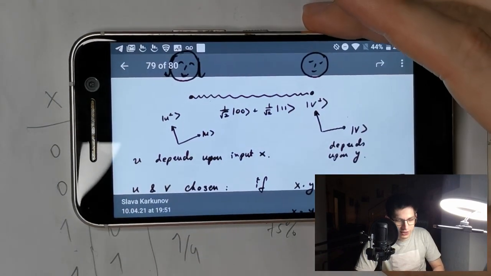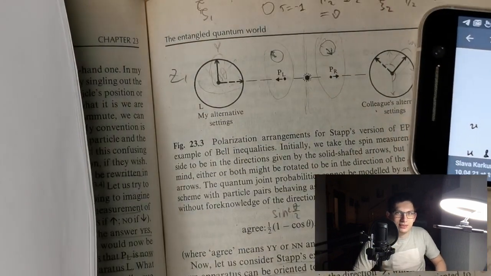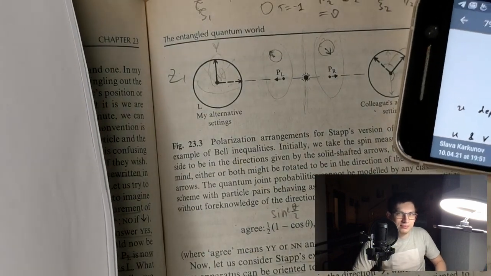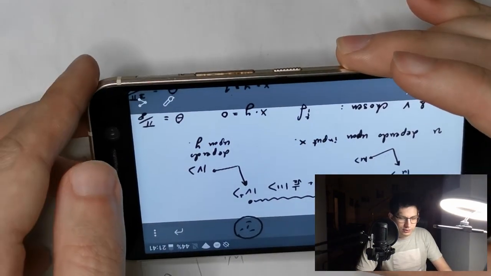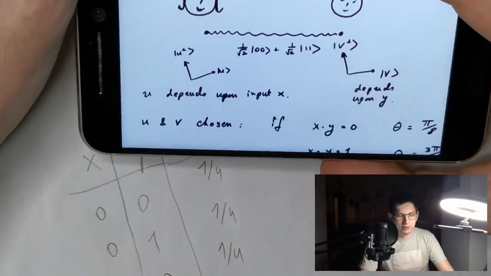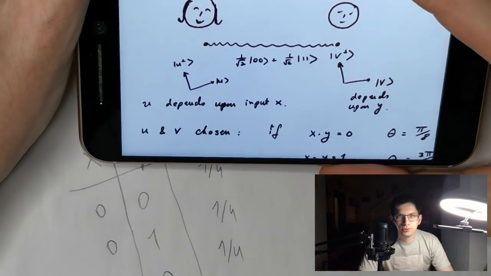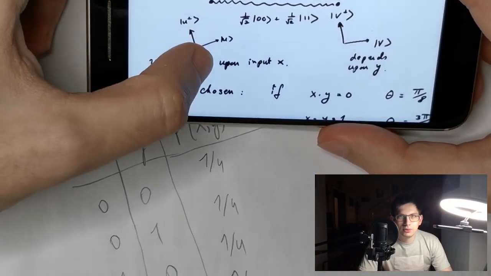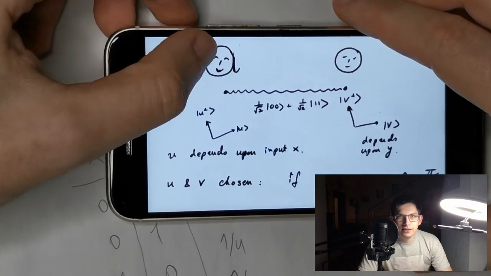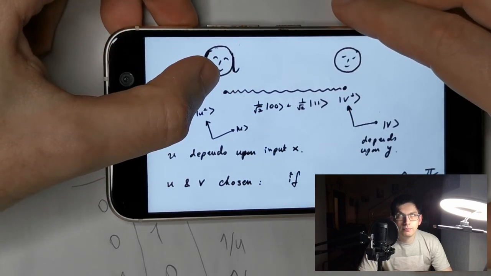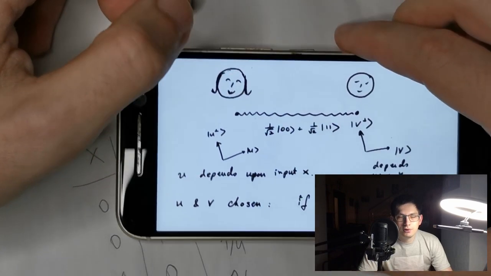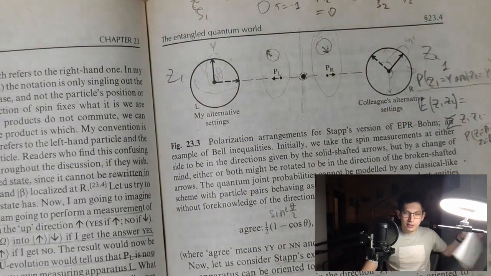And actually that's the same thing they had here. So you have two bases to measure over, and you choose vertical or horizontal.